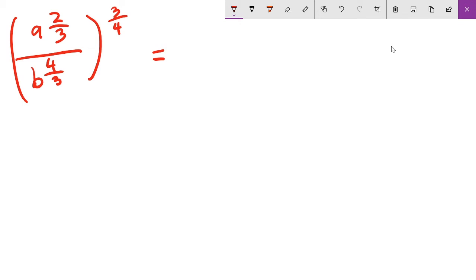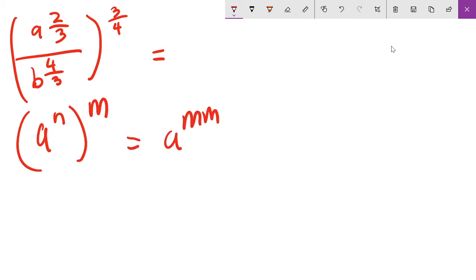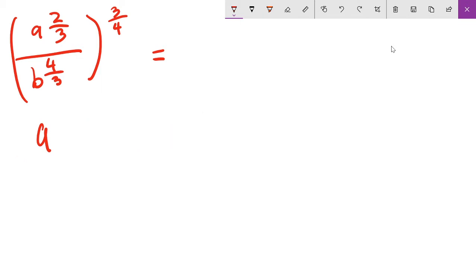Now, you already know the rule: a to the power of m, all to the power of n, equals a to the power of m times n. Therefore, what you're going to do is multiply that by that, and then multiply that by that. So you get that.